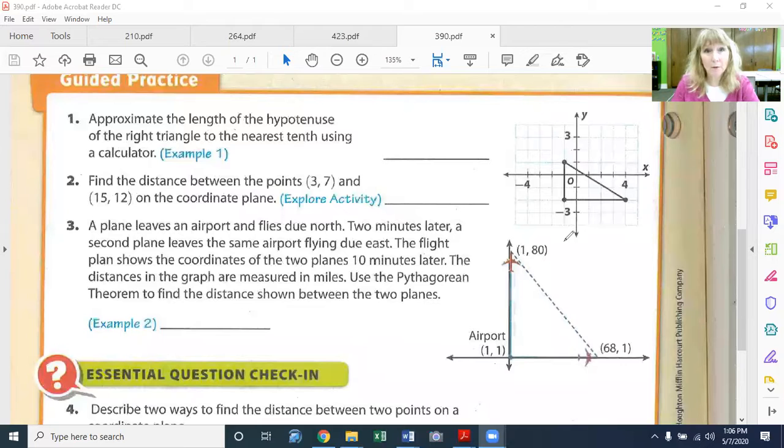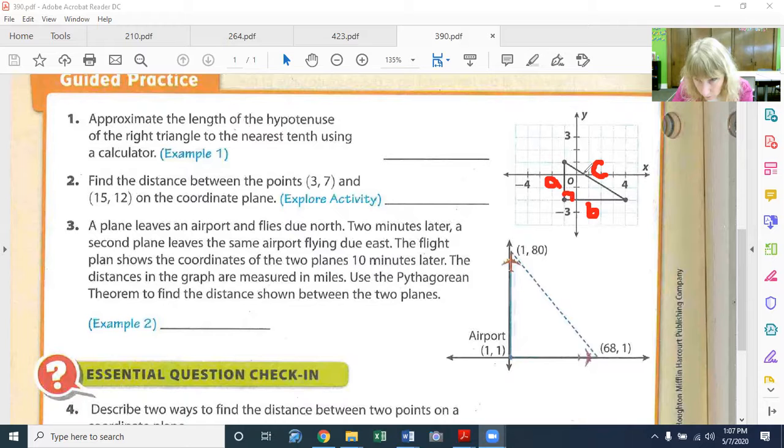Which one's the hypotenuse? The side opposite the right angle. So here's your right angle. So this is C, the hypotenuse. And then A or B could be either one. We'll put this as A. And we'll put this as B. Now we have to figure out that distance. Are these 1 to 1?